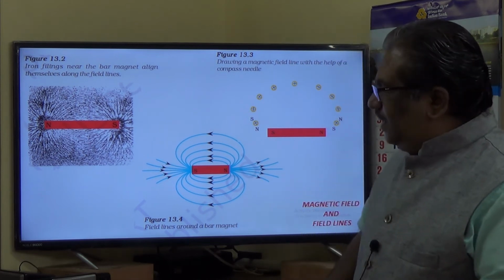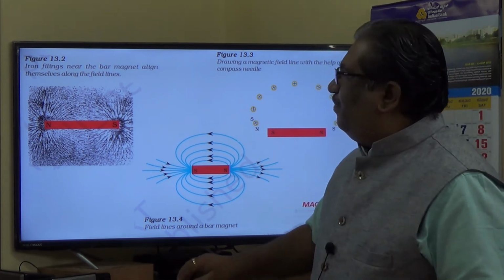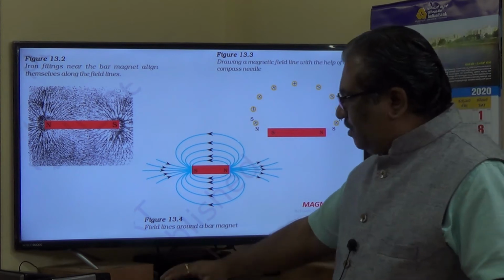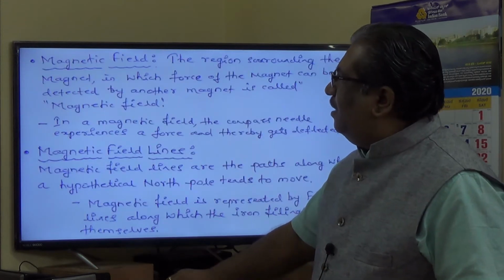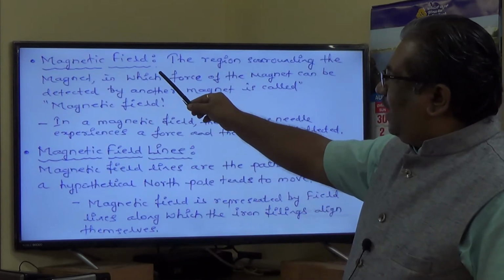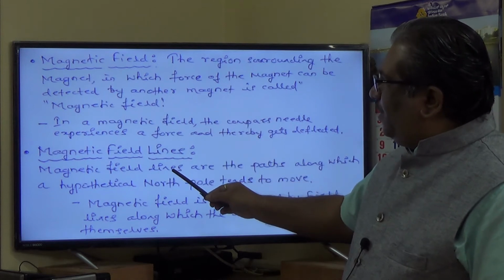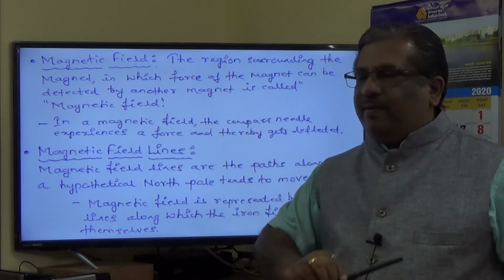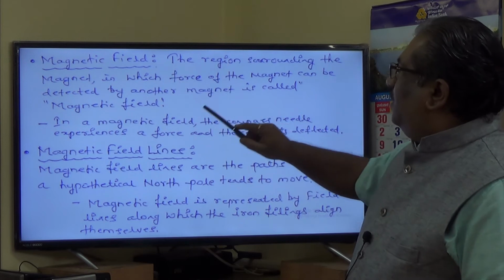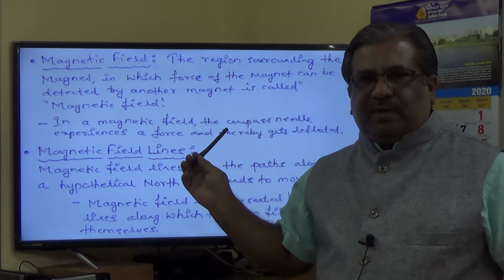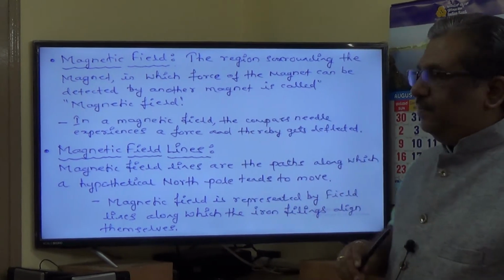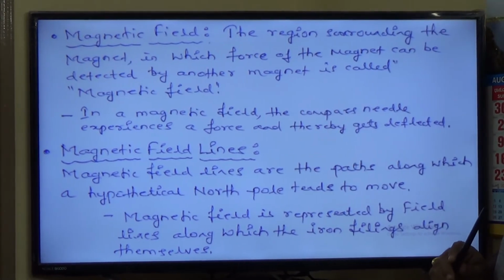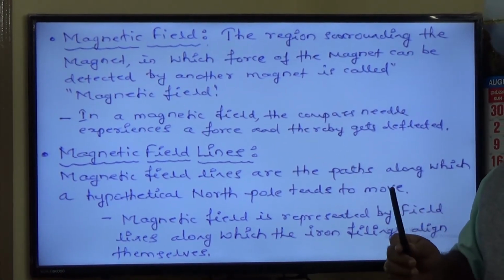Okay, so now let's have a look at the video lecture, and then let me check what is next. There is a definition for magnetic field and magnetic field lines. We'll finish this and then we'll watch the video. Magnetic field, it can be taken closer here, close up. See, you have to pause the video and make notes.